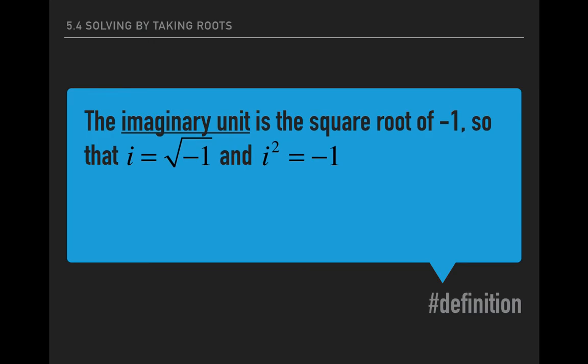The imaginary unit, and we denote it with an i, is the square root of -1. i equals the square root of -1, or if you square each of those sides, i squared equals -1.